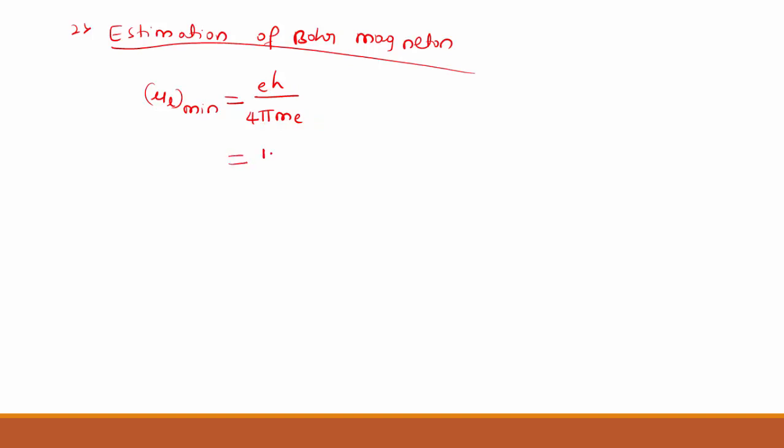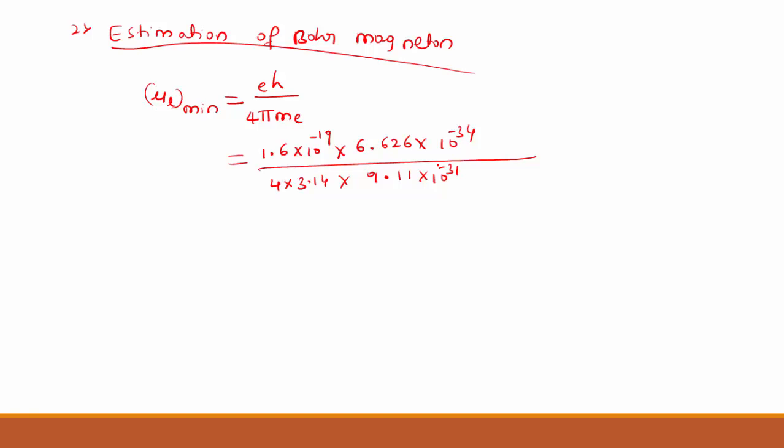Substitute the values here. e is 1.6 into 10 to the power of minus 19, h is Planck's constant, 6.626, or directly you can write 6.63, into 10 to the power of minus 34, divided by 4 into π, whose value is 22/7 or 3.14, into the mass of the electron, 9.11 into 10 to the power of minus 31. e is the charge of the electron, h is Planck's constant.